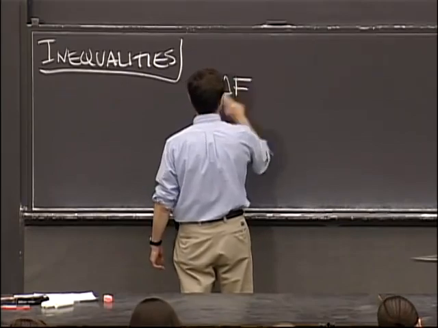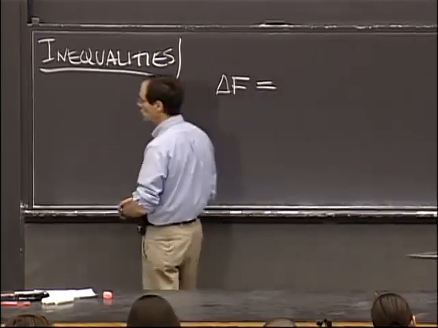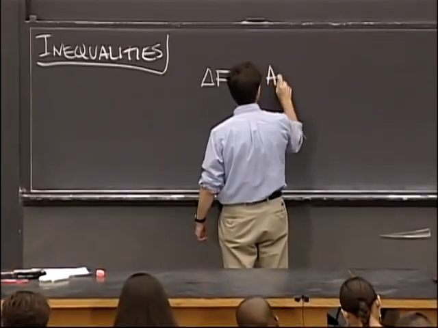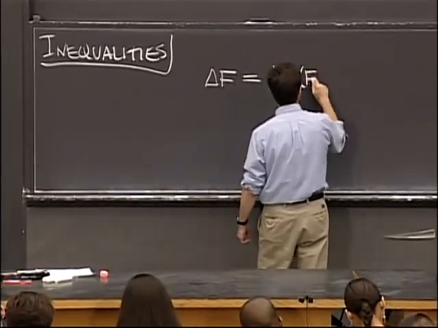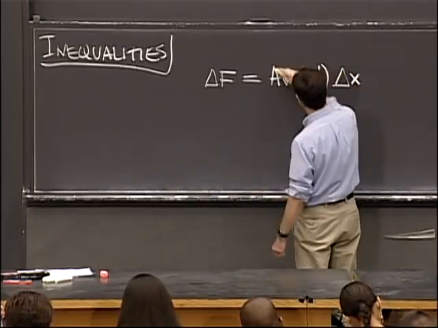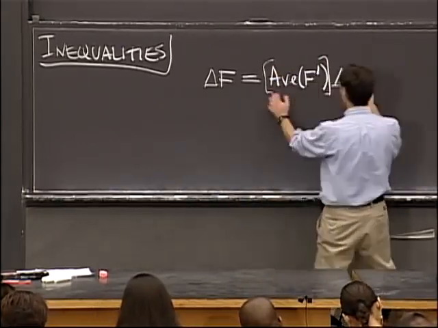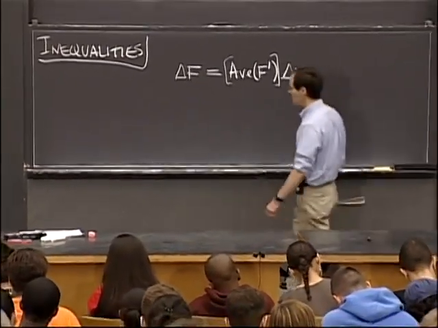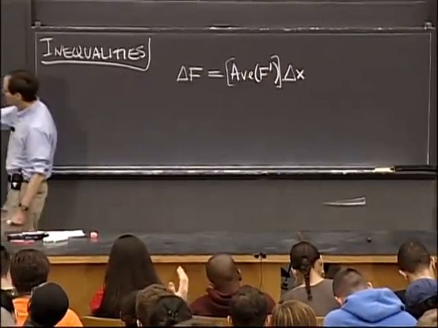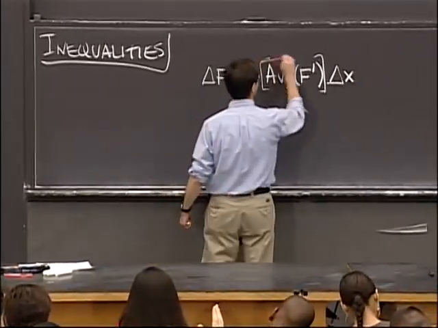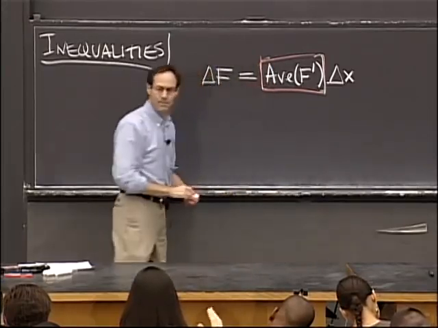It says that delta F in this notation is equal to, well, if I multiply by delta x again, I can write it as the average of f prime times delta x. All right, so we have this factor here, which is the average of f prime, or the average of little f. It's the same thing. And then I multiplied through again. So I put the thing in the red box, right here.